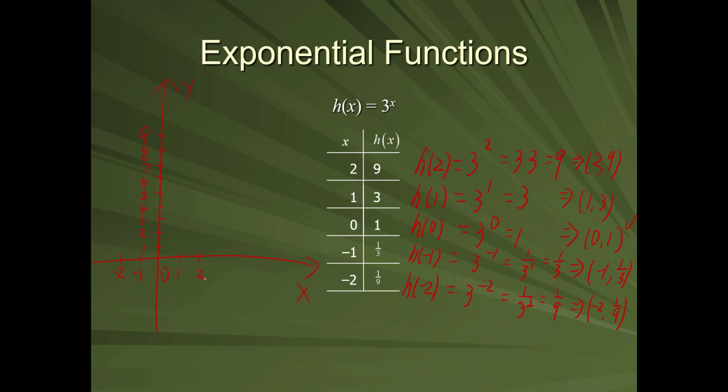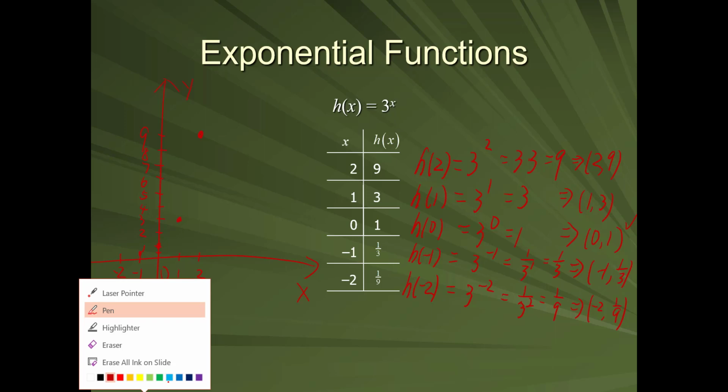And again, (2, 9) goes first, that's the highest point. Then (1, 3) goes here, (0, 1) goes here, (1, 1/3) is approximately here, (-1, 1/3) goes here, and (-2, 1/9). I use a different color here.